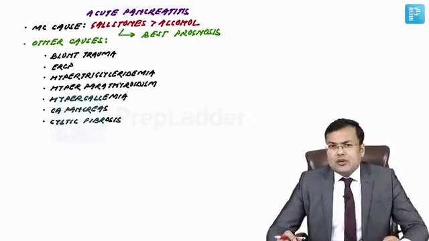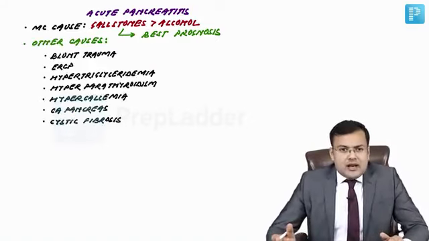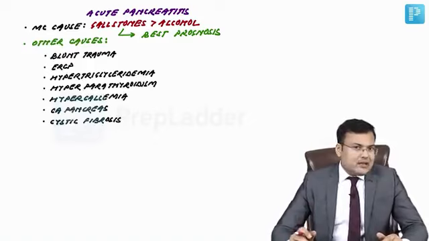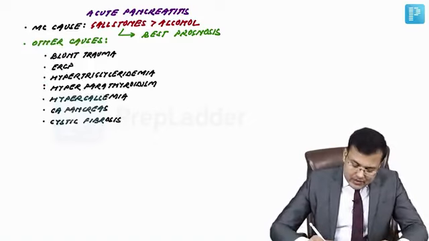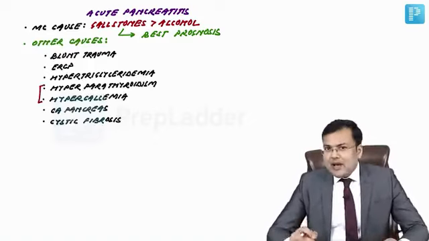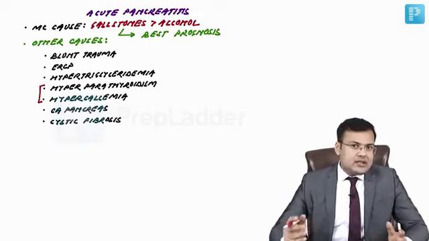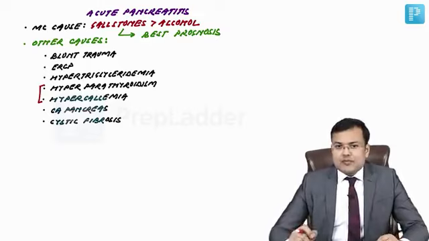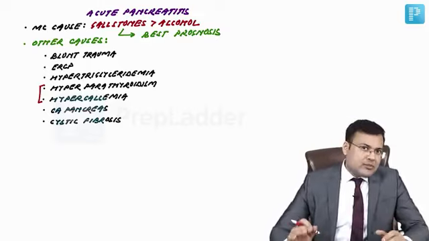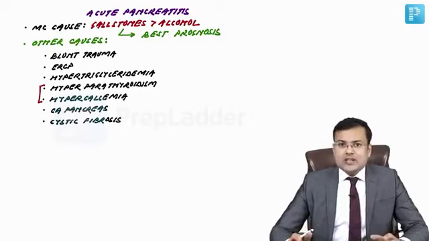It is caused by blunt trauma, especially in children, by ERCP, hypertriglyceridemia, and hyperparathyroidism. Hyperparathyroidism leads to hypercalcemia. In both of these conditions, there is increased risk of stone formation. In carcinoma pancreas and cystic fibrosis also, there is obstruction in the pancreatic duct which can cause acute pancreatitis.